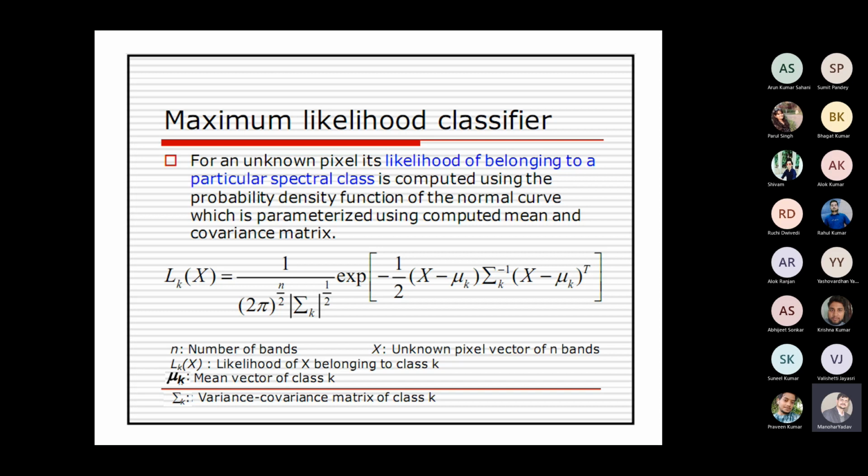Now over here in the maximum likelihood classifier, we consider all the statistical parameters: mean, variance, and variance covariance matrix. So mean, variance, and covariances, all these parameters are taken into account to assign, to label an unknown pixel to a class.